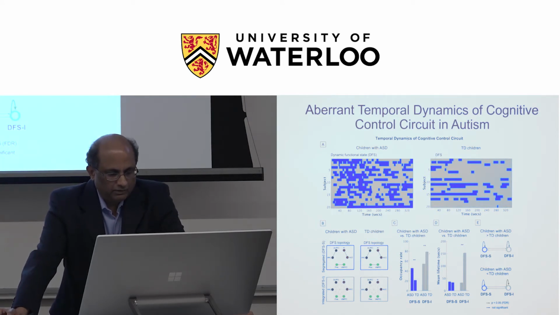You can see that the children with autism tend to stay in the segregated state, whereas the typically developing, TD, children stay in the integrated state. So this is the segregated state, and any of these could constitute the integrated state. So there are differences in the underlying states.